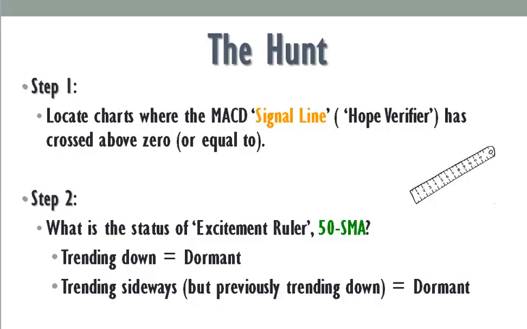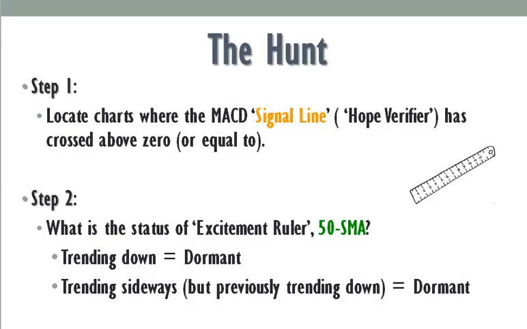We don't want to be at the early stages of hope because that's still a little too risky, and it's just kind of like walking on thin ice. We want to try to get towards the other end of the hope spectrum where it's about to transition, and the best way to do this is to look for the signals where the signal line is positive and above 0. So that's going to be step number 1.